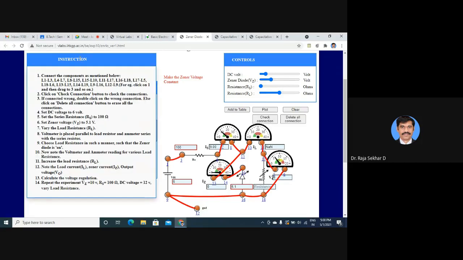And vary the load resistance RL. By changing the load resistance, the output voltage also changes.